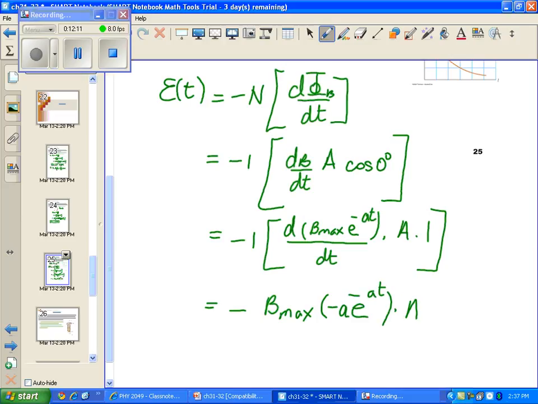And that gets multiplied by A, the area of the coil. Now this negative multiplies that negative, and we get a positive B max times a times e to the minus at times the area of the coil. So we have the EMF as a function of time.